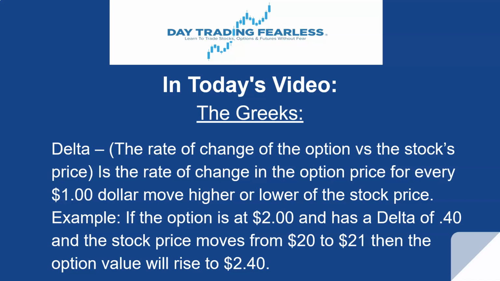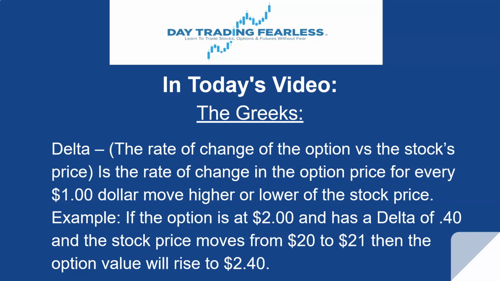Think of the delta as two things. The very first thing is the rate of change for every $1 move higher or lower in the underlying stock. So if a stock price is, we'll say $20, okay, and we buy the $20 call, and let's say that option has a 0.40 delta, okay, delta can only go from 0 to 100, so let's say it's at 0.40, and the stock moves $1 higher, you will make $40 on the option price.